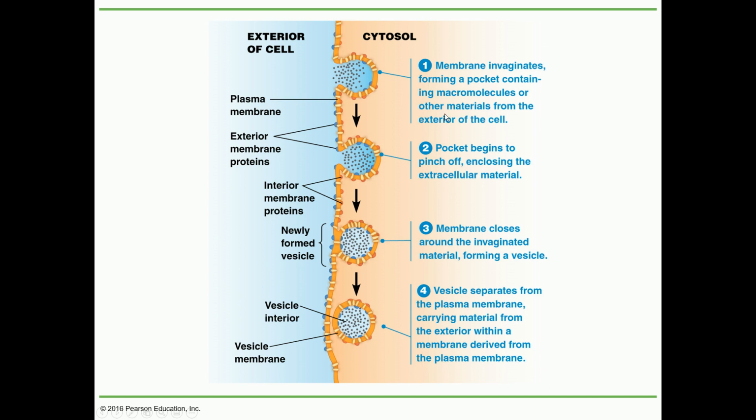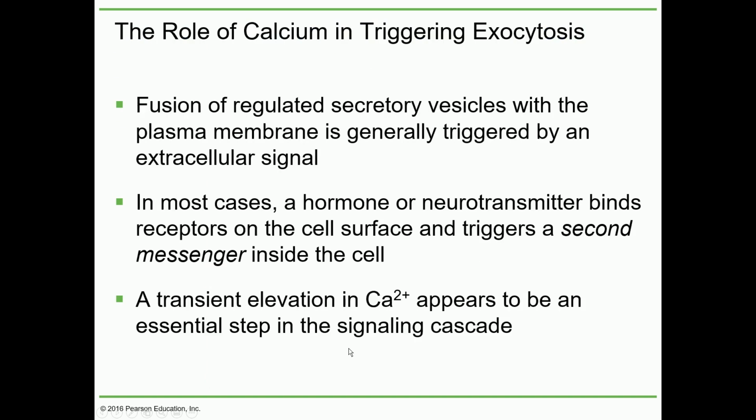In this, the plasma membrane is invaginating, and the material from outside is coming inside. Then this invagination pinches off, and the vesicle enters into the cell. So in the process of endocytosis, the plasma membrane is losing some membrane, because some part of the membrane is now forming the vesicle.